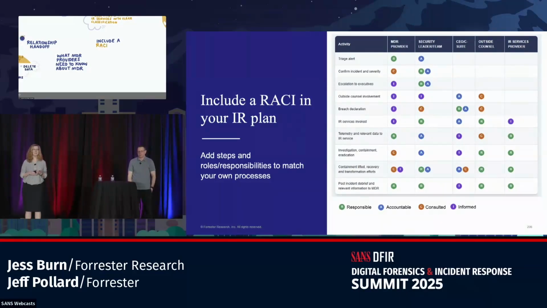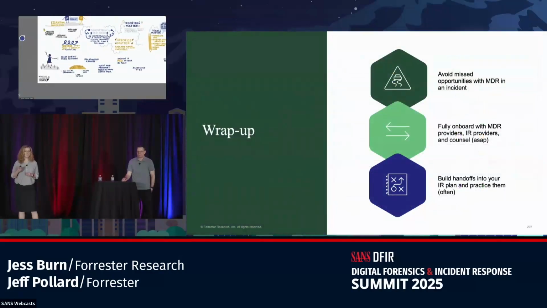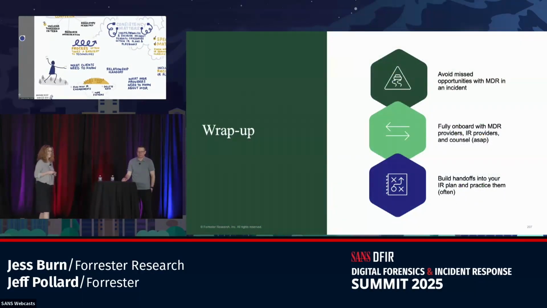The team is ultimately accountable for a lot of these steps. So understanding who is giving the information to whom, privileged or not, is incredibly important. When IR services are invoked, they really do need to start being the folks that are responsible for a lot of those actions.